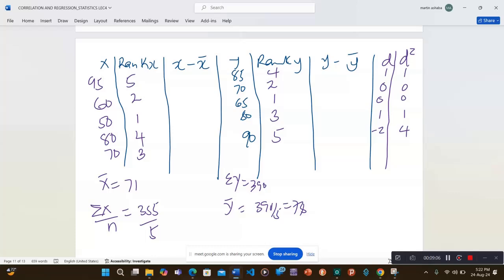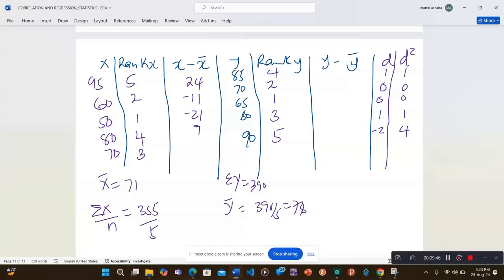So here I get 95 minus 71, that is 24. 60 minus 71, you get negative 11. This one you get negative 21. This one you get 9.